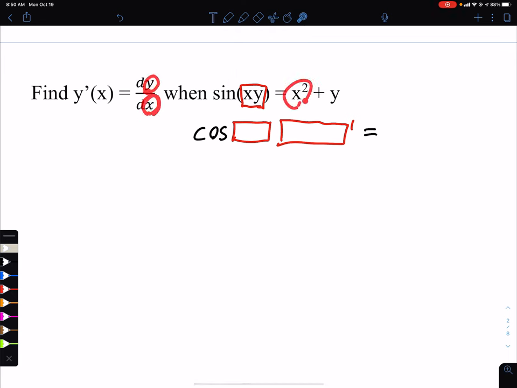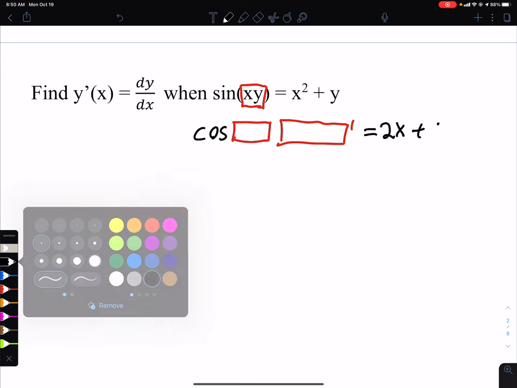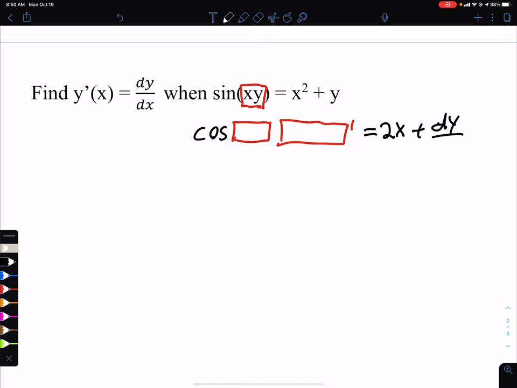Whenever there's an x, you just take the derivative normally like you always have. So you bring the 2 in front and decrease the power by 1. And, okay, don't make this harder than it is. What's the derivative of y? Now, y is a function, not your variable, but by definition, the derivative of y is dy/dx, right? So don't make that trickier than it actually is.